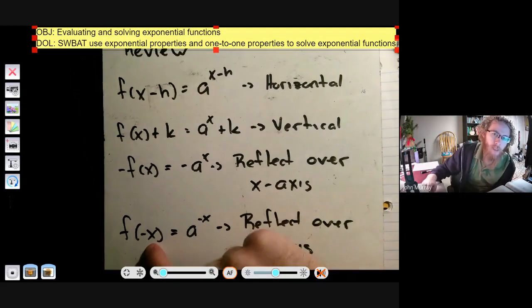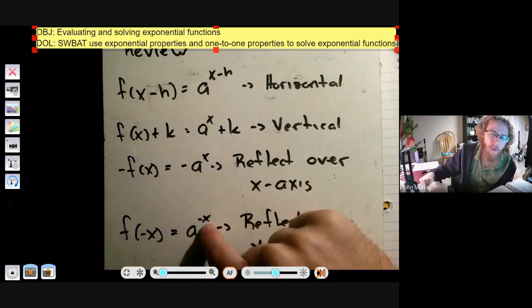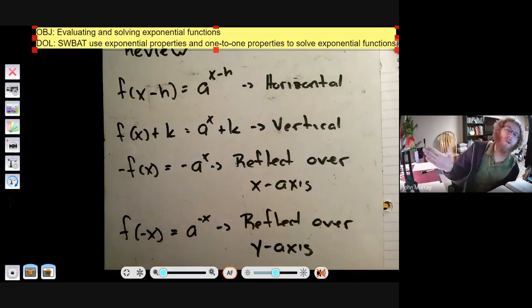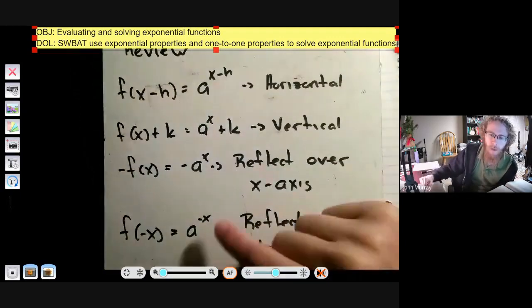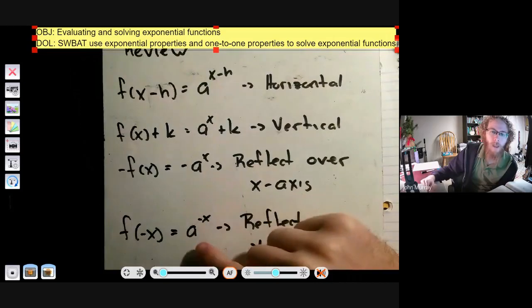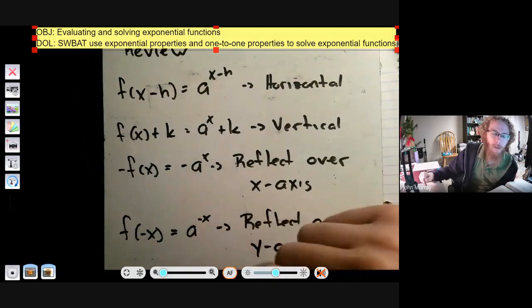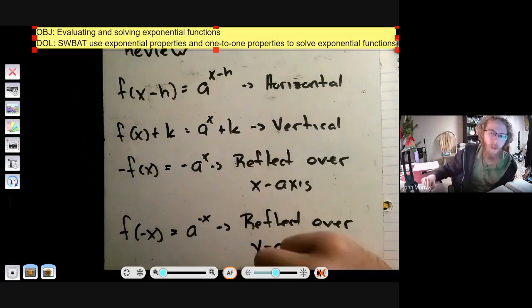If you have a negative attached to that x value up there in the exponent, that reflects it over the y-axis. And a good way to see that, especially with our exponential functions, is we're changing the sign. So a squared, normally, you're a times a.